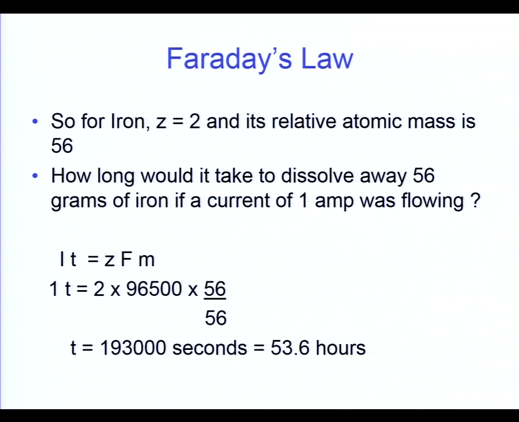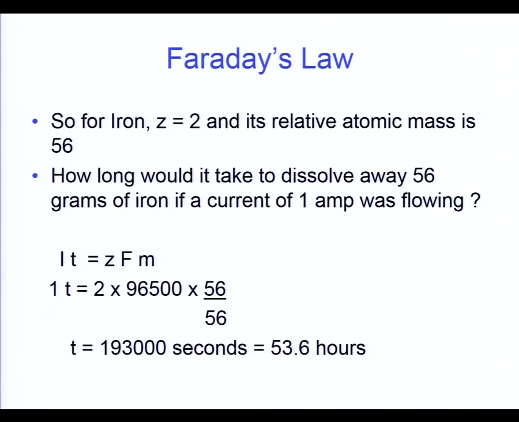And a mole of atoms, if you remember Avogadro's number, is 6 times 10 to the 23 atoms. So we know exactly how much has been corroded away because we know what molar quantity of material is being dissolved away. So that's okay.